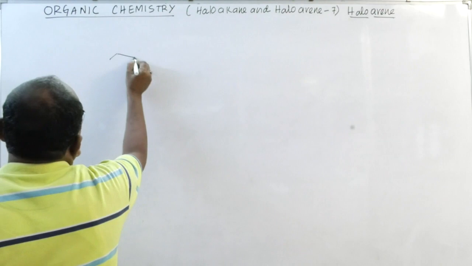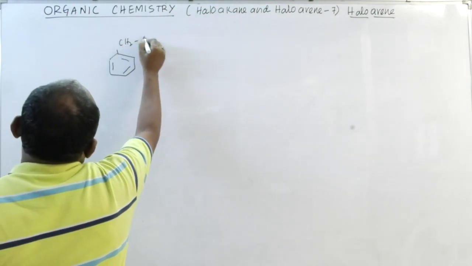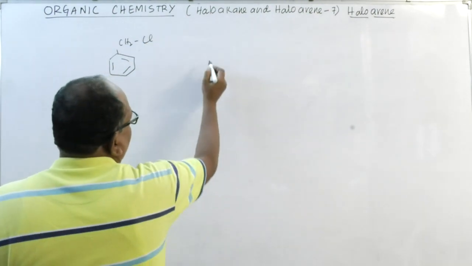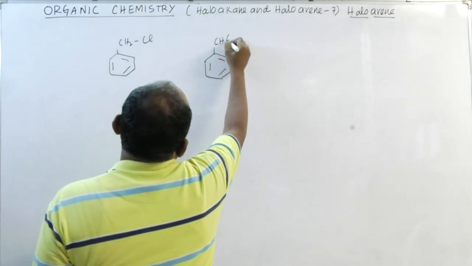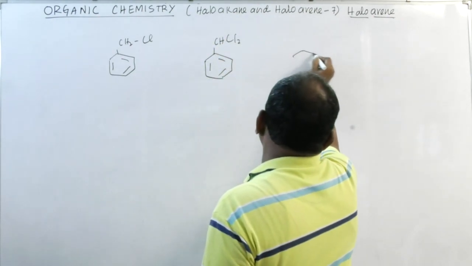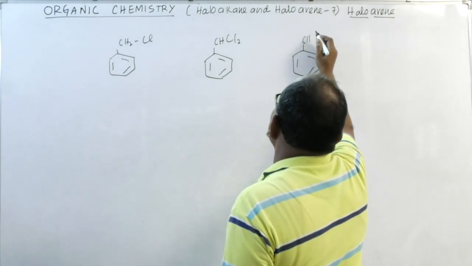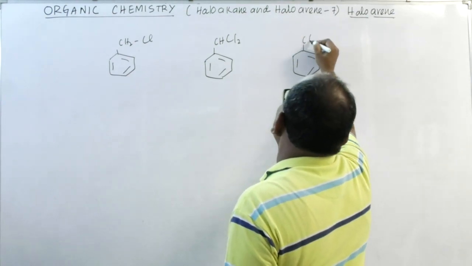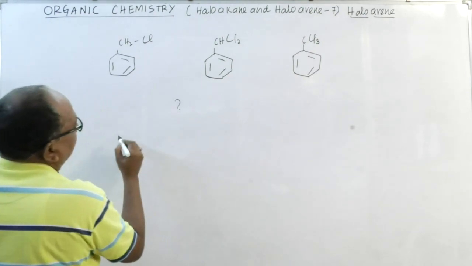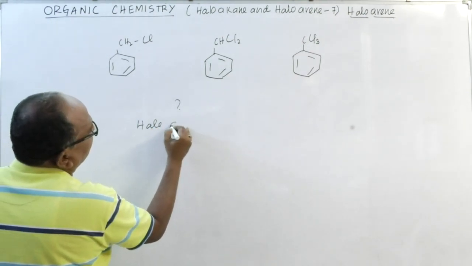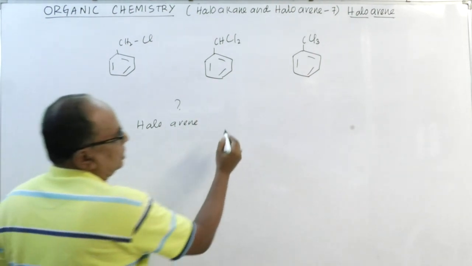Suppose CH2Cl, CHCl2, CCl3. Are these haloarenes or not?